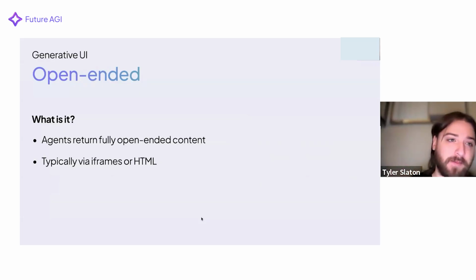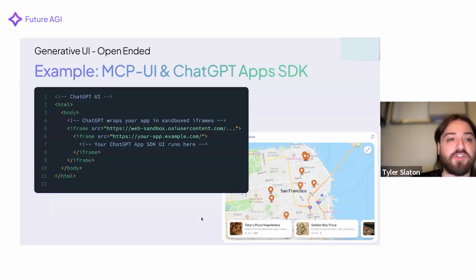And this is typically from an iframe, where you have something like MCP UI that will return an iframe that you render in your UI and can be interacted with to do interesting pieces of interaction with your user. So in this case, we have an iframe where we might render something from a web sandbox, and then we have a URL for our application. What this lets us do is have our application interact with the iframe bidirectionally. And this is actually what the ChatGPT Apps SDK is doing, if you've seen that released recently.